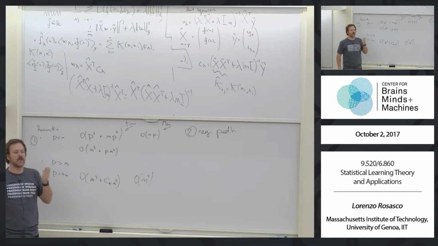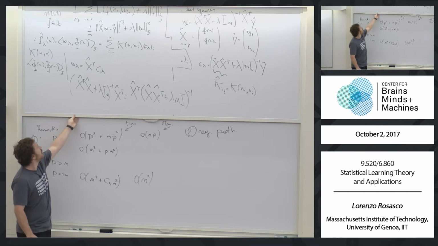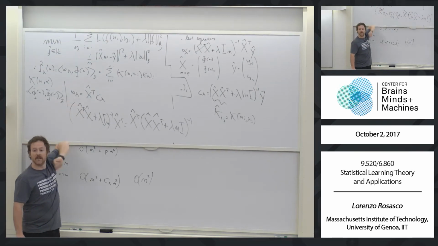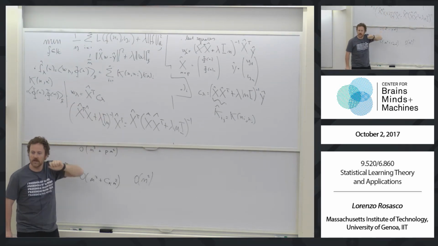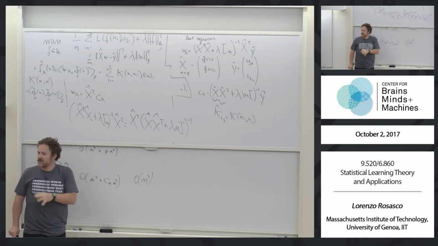Cross-validation, marginalized likelihood, complexity regularization. You open the book of your favorite statistical procedure to choose lambda. They all take in input a sequence of W lambda, or F lambda, whatever you want to call it, and then return one according to some criteria, which is not the topic of this discussion. The topic of this discussion is just to point out that you never have to compute just one lambda, okay?